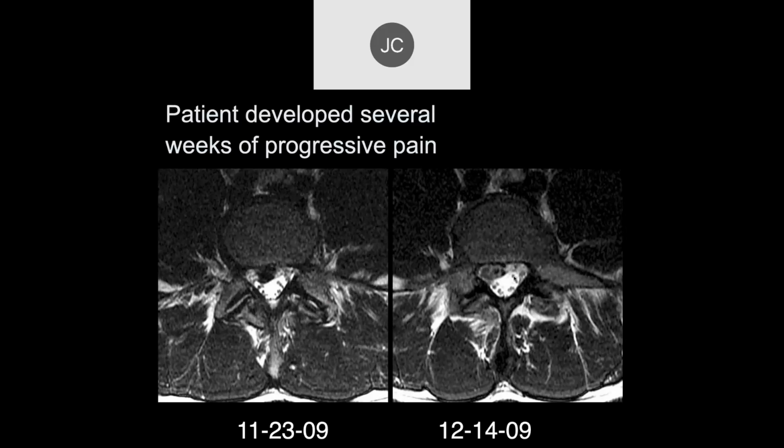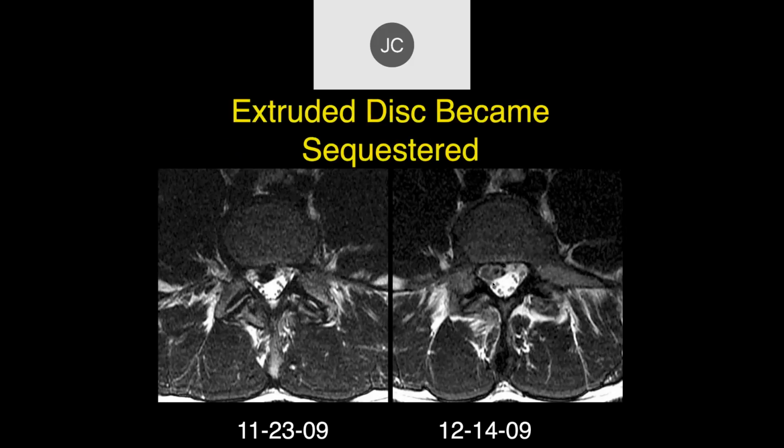Exactly. And this is what it looks like. This was before, and now after that nucleus pulposus has extruded out, it's become a little bit more hydrated and therefore higher in signal intensity. We can see it here in the lateral recess, producing a lot more lateral recess compromise and compression of these transiting nerve roots here. That's 12/4/09.